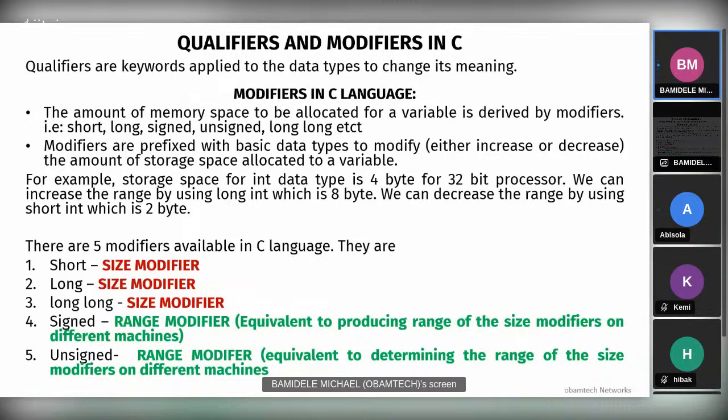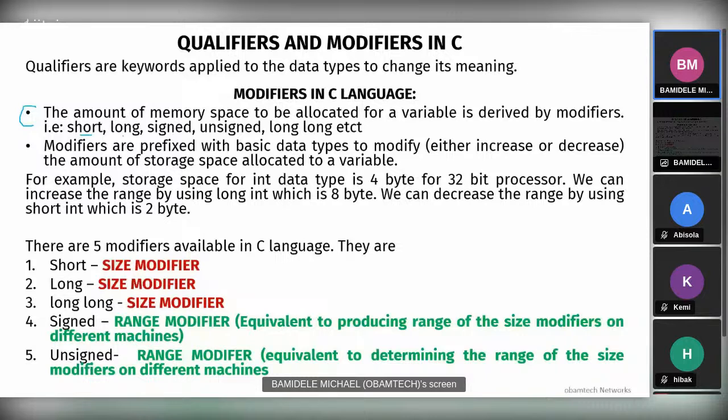Modifiers in C language. The amount of memory space to be allocated to a variable is determined by the modifiers. If it is a short, there is an amount of space it is going to give to that data type. If it is a long, there's an amount of space.